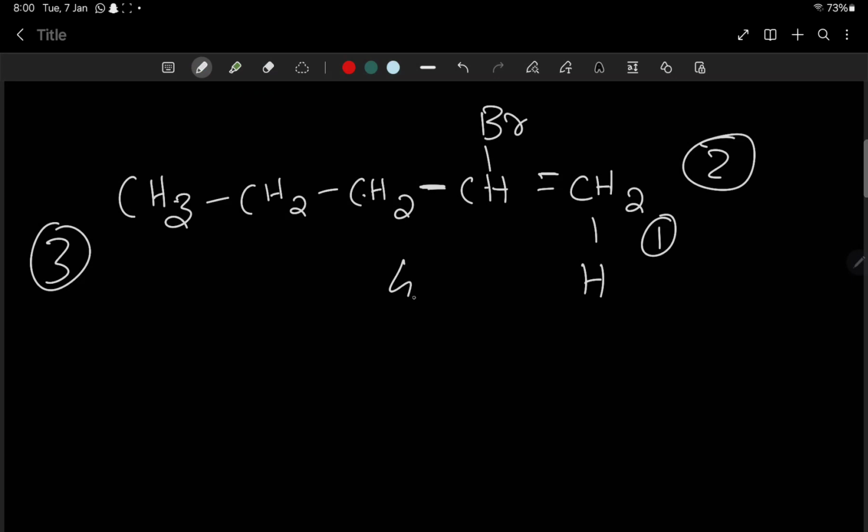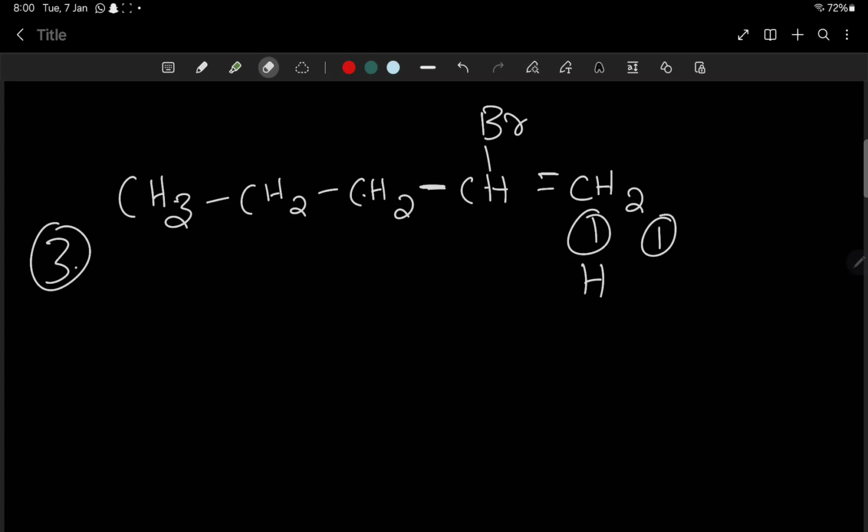That's only preferred: 4 and 1, or 3 and 2. Here there is more equality, so that is preferred. Or you can say that where there is more number of substituted carbons, that is somewhat simple.